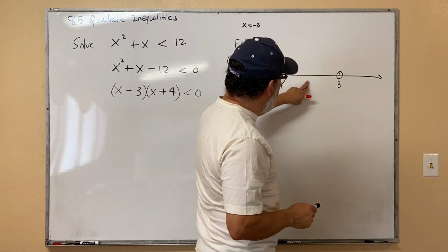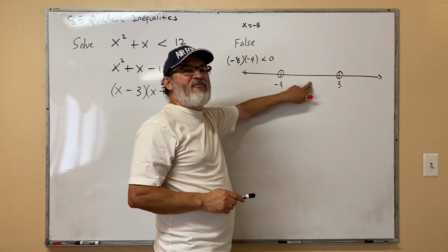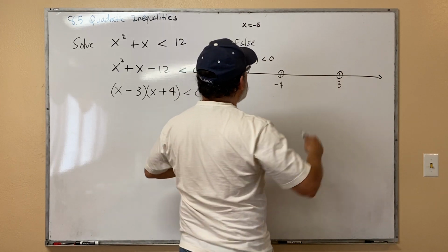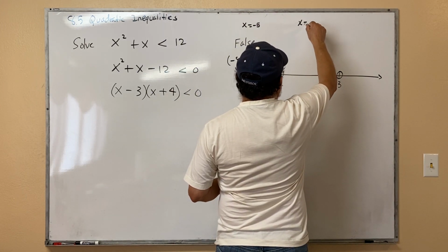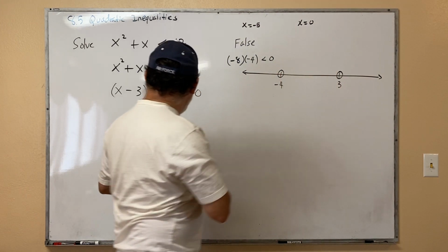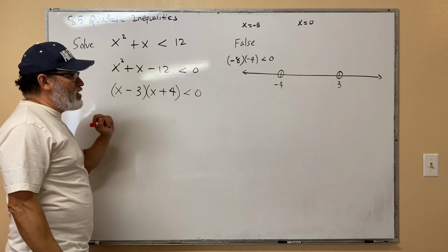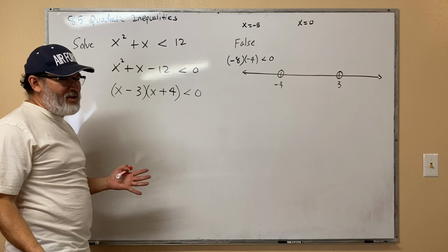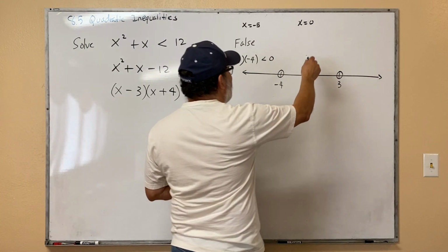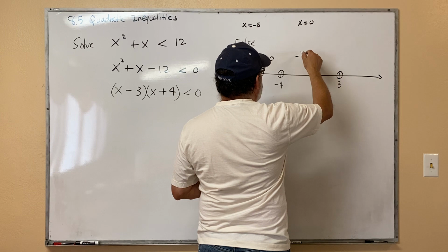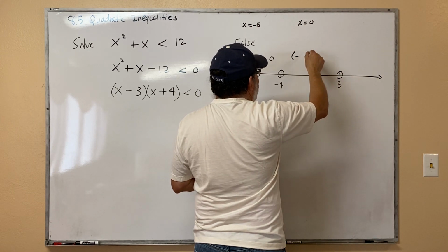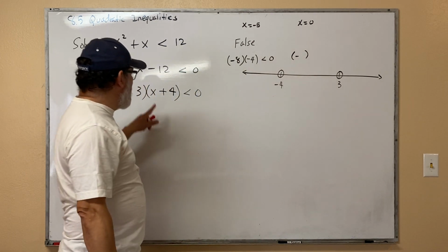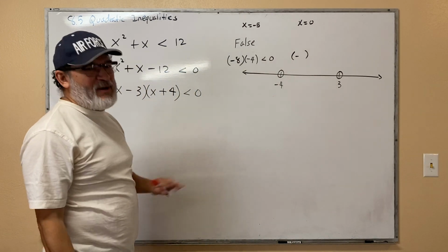Okay, go there. What's the easiest value for this region? X equals 0. What's 0 minus 3? That's -3. Basically, all you need is the sign. You can just say negative. What's 0 plus 4? That's positive 4.